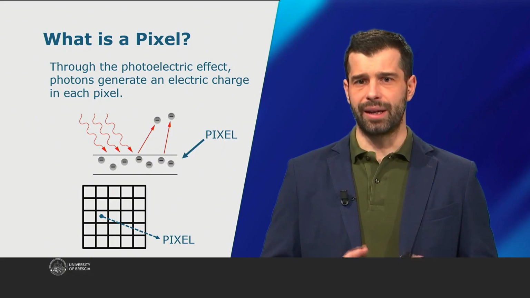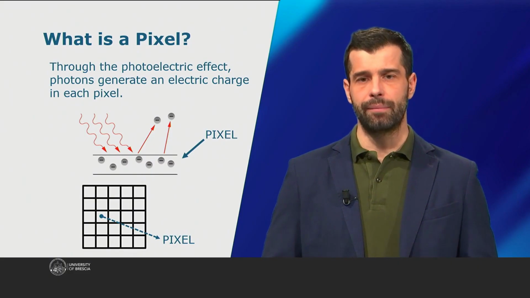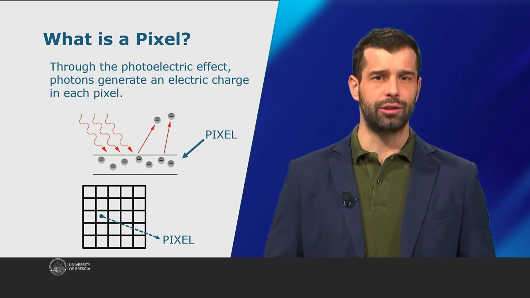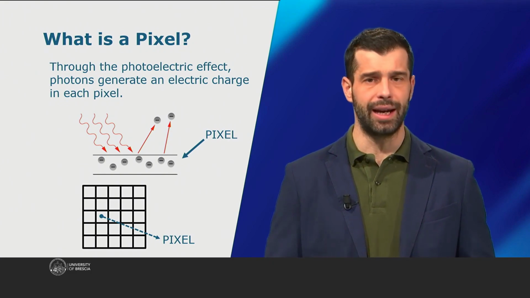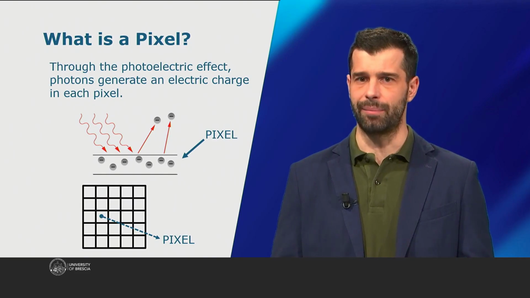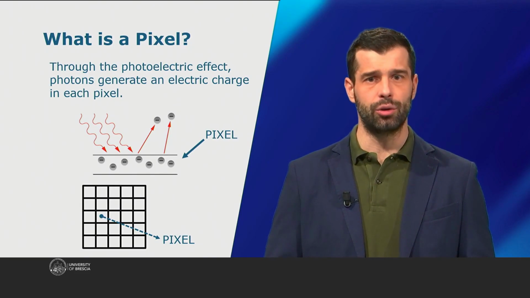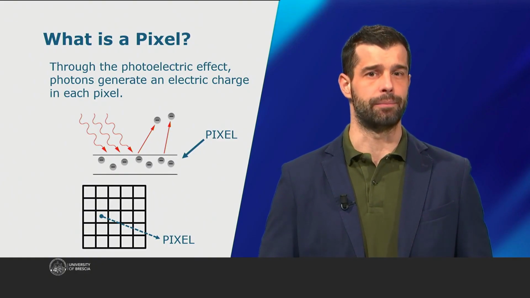The camera is made up of a sensor, which in turn is composed of a certain number of pixels. Each pixel is a light-sensitive element that is able to convert light through the photoelectric effect. The light information, meaning the photons, is converted into electrical information, meaning electrons. The number of electrons created inside each pixel is directly proportional to the number of photons that hit the pixel.